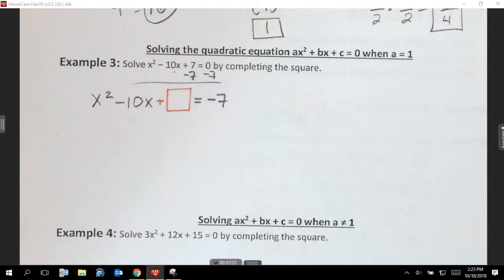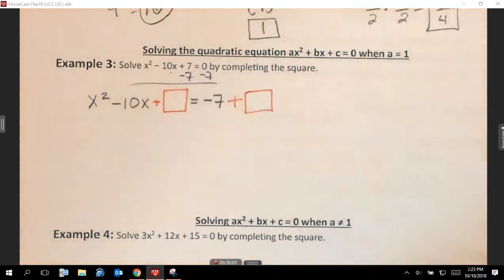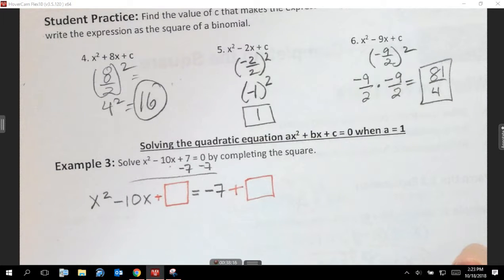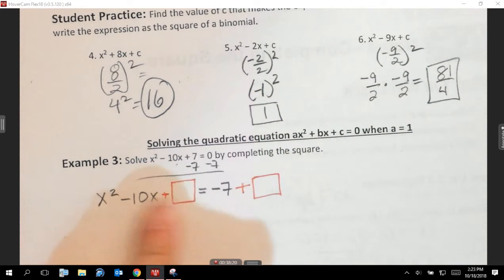But if I add a square to one side of the equation, I have to add it to the other side of the equation as well. You can't just add a square to one side. It makes it not an equation anymore. So this is now the examples we just did right above it. What does C have to be to make this into a perfect square?